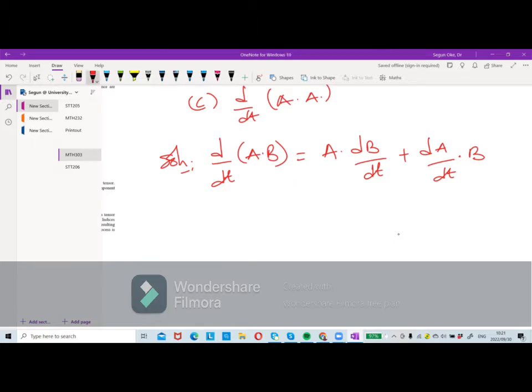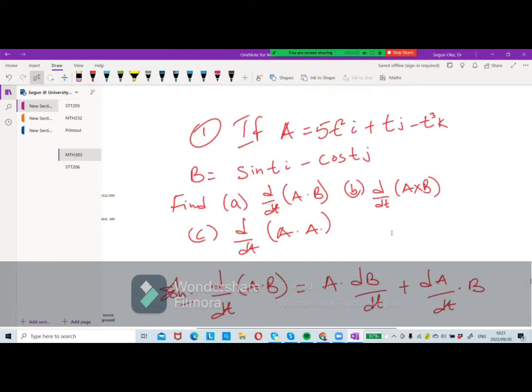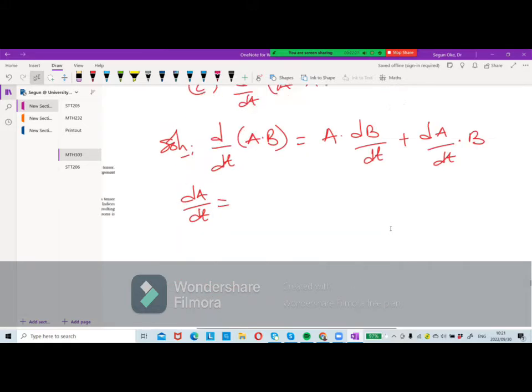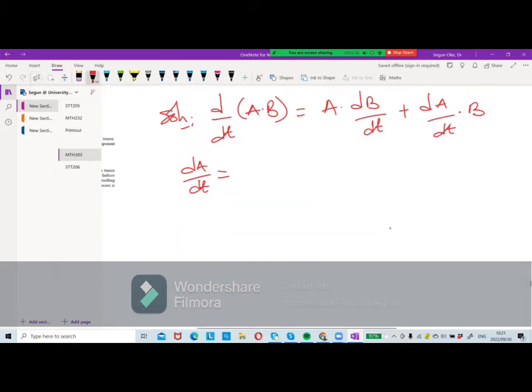So the first thing is, let's differentiate A with respect to t. Differentiating 5t squared, we have 10t.